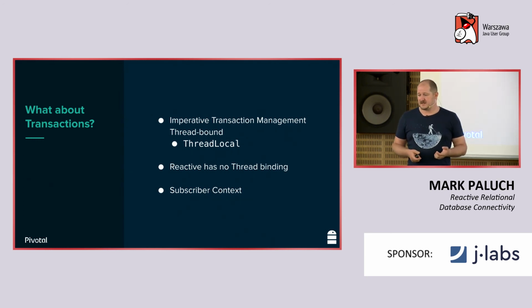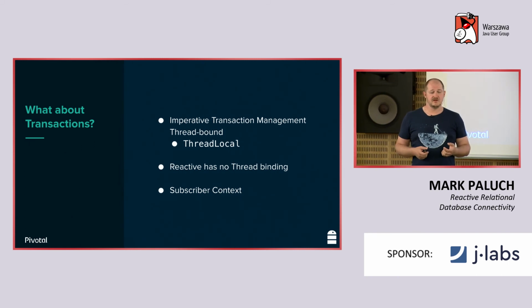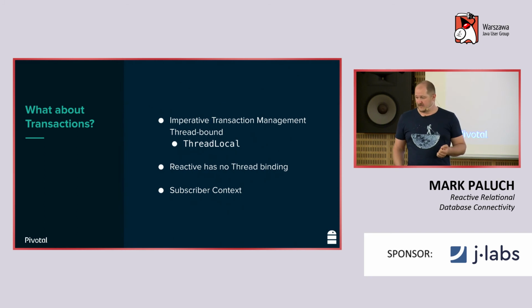What we can use instead is something called the Reactor context. And this is in particular a feature from Project Reactor where we can bind contextual data to a flow, to a particular execution. And this is how reactive transactions are built in Spring Framework.